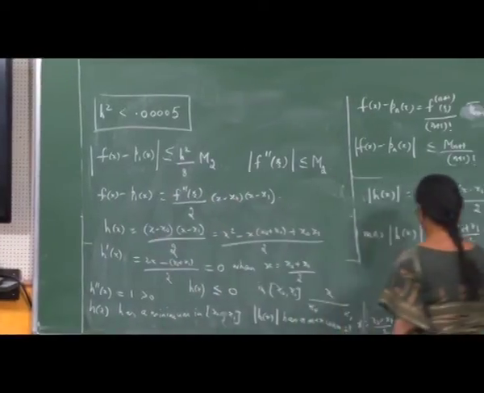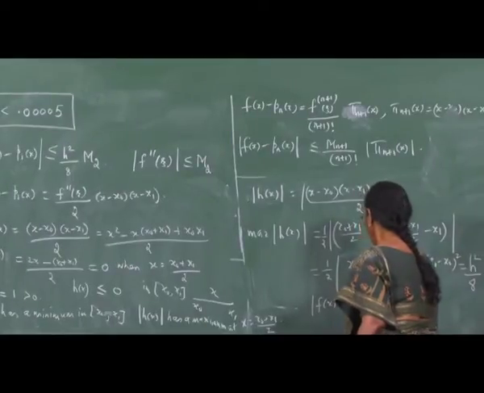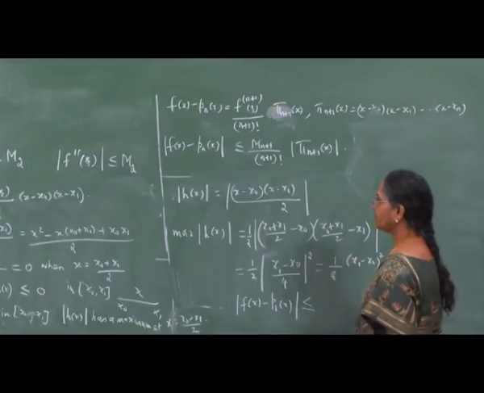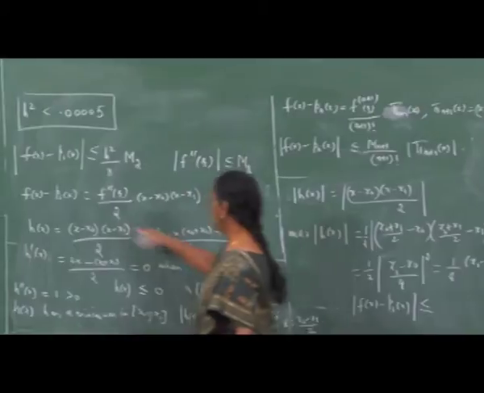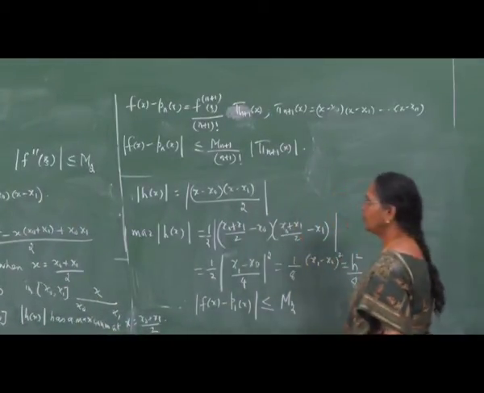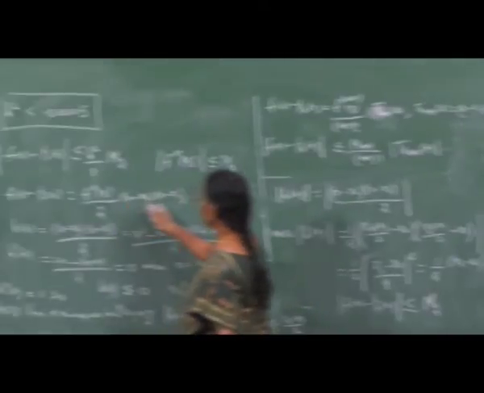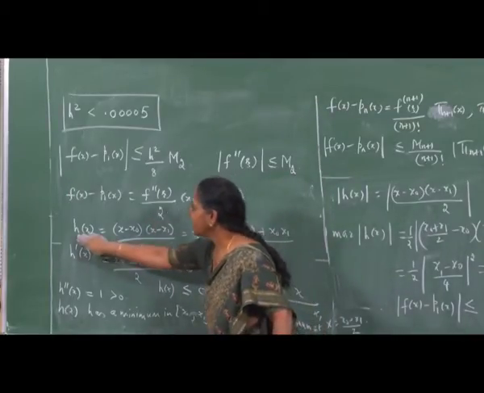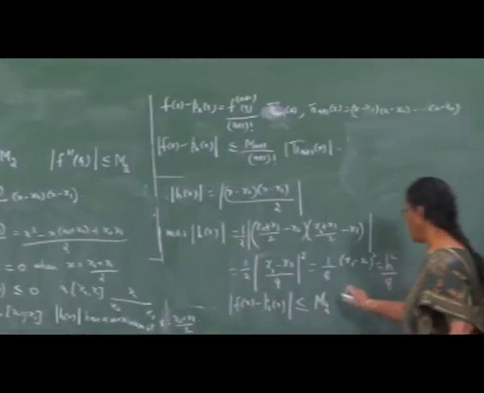So, therefore, modulus of f of x minus p1 of x is less than or equal to modulus of f double dash of psi, which I denote by m2, into maximum of modulus of x minus x naught into x minus x1 by 2, and that is what is h of x, and that has been computed to be h square by 8.